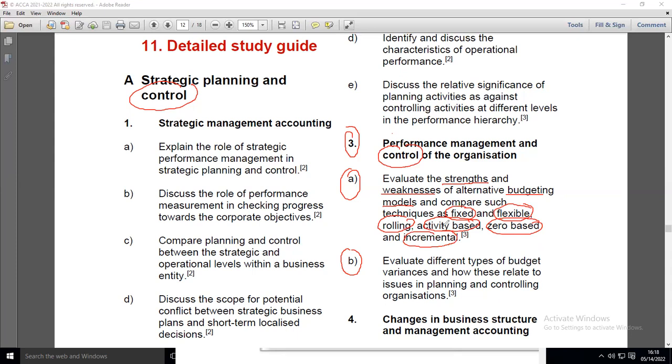So here, you must be able to evaluate a budgeting system which a company has adopted, by telling us the advantages and disadvantages.